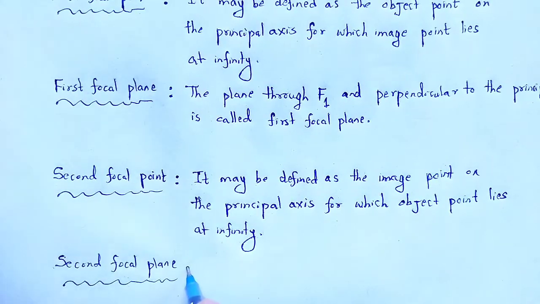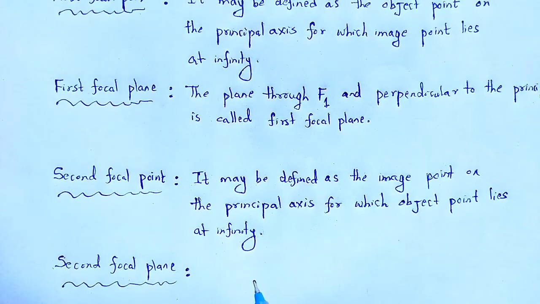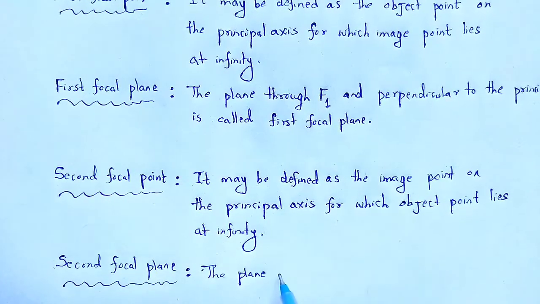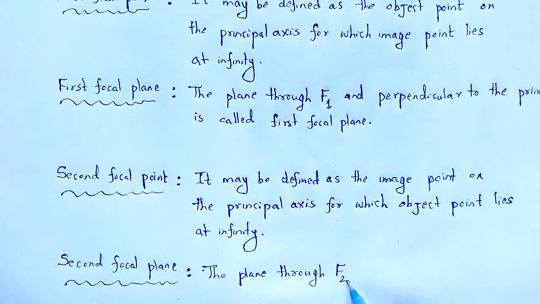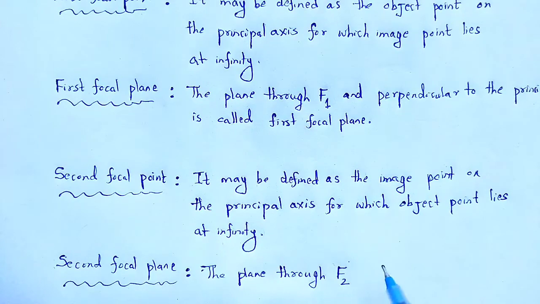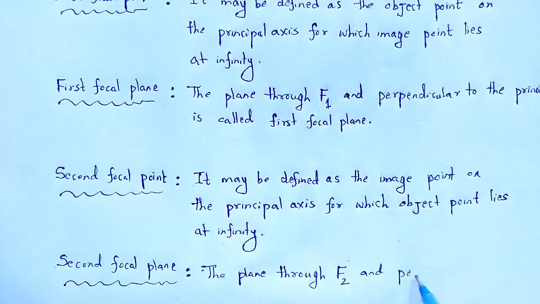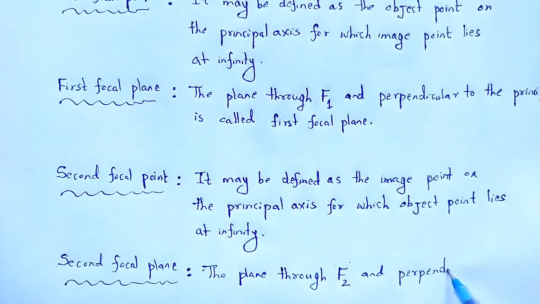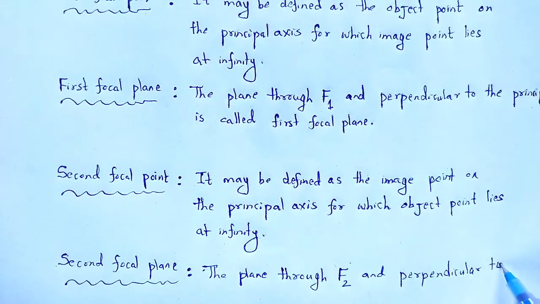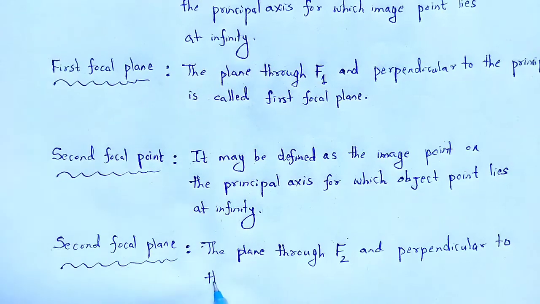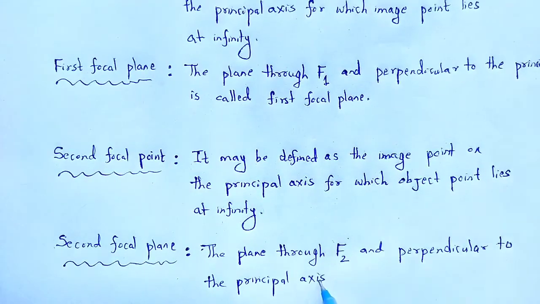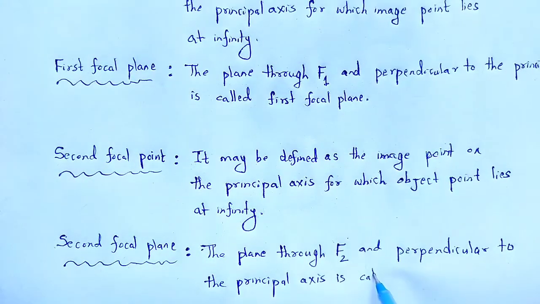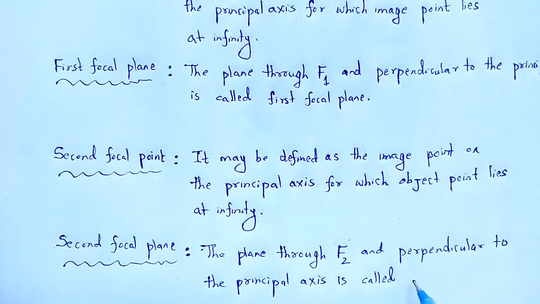The plane through F2, the second focal point, and perpendicular to the principal axis is called the second focal plane.